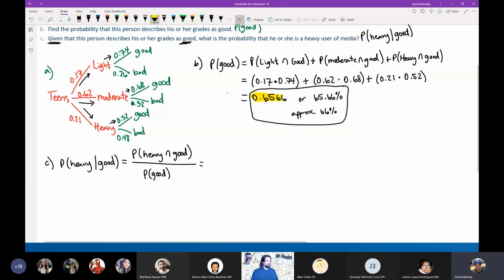That's the one we just found. Probability of heavy and good is this right here. So now we fill in our division. Right, so we have 0.21 times 0.52 divided by 0.6566.